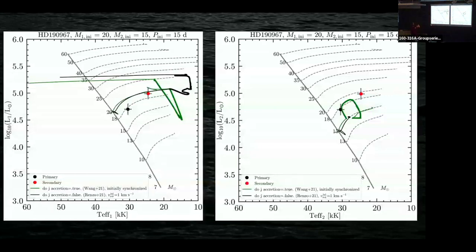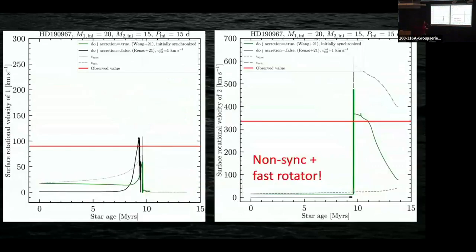We already start to fit at least the location of the primary and secondary. Since I'm working mostly on rotation, these red lines are the actual observed equatorial velocity, and it's extremely hard to spot at which precise moment we are seeing the system. So we need to put a lot of effort into it.